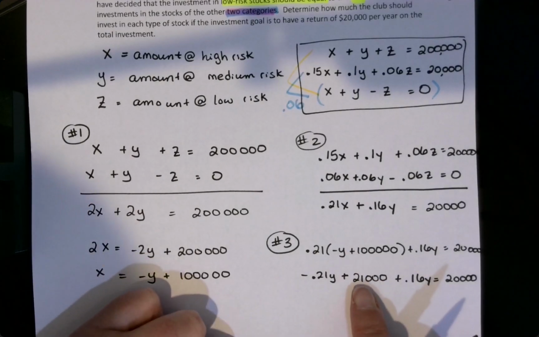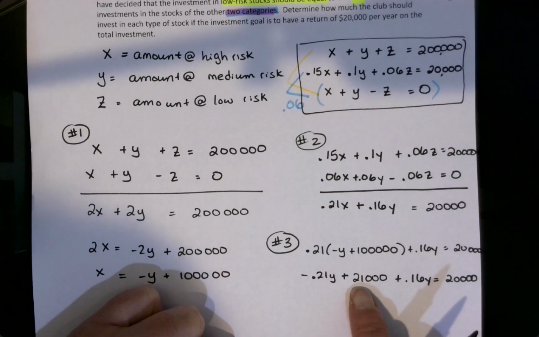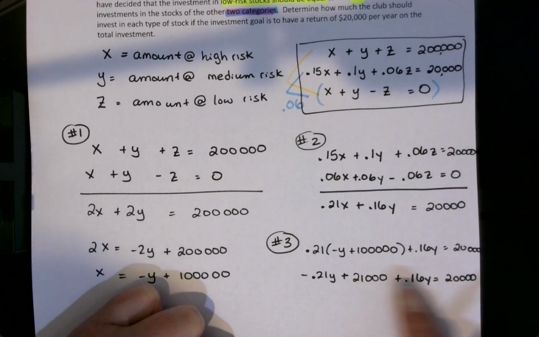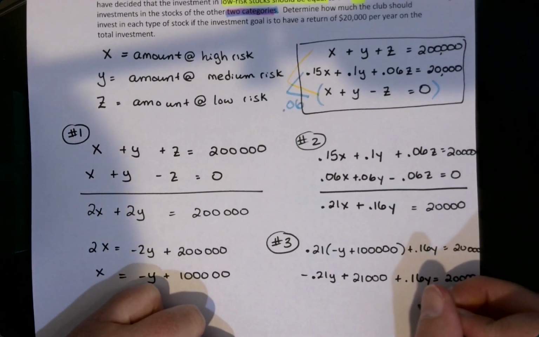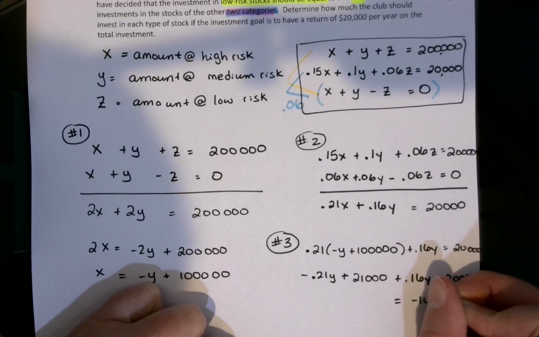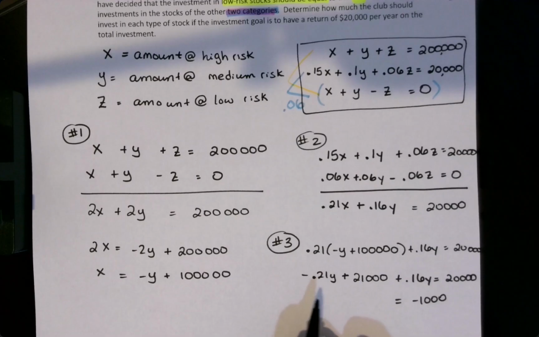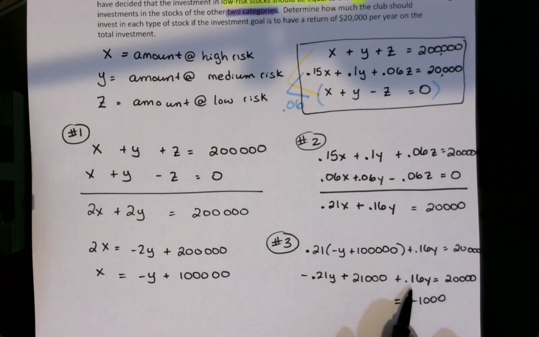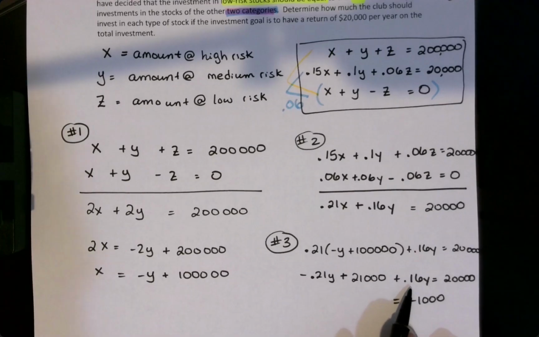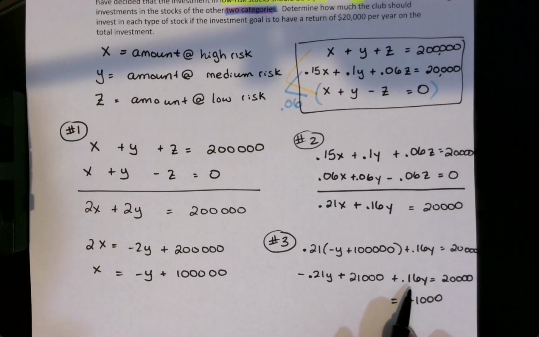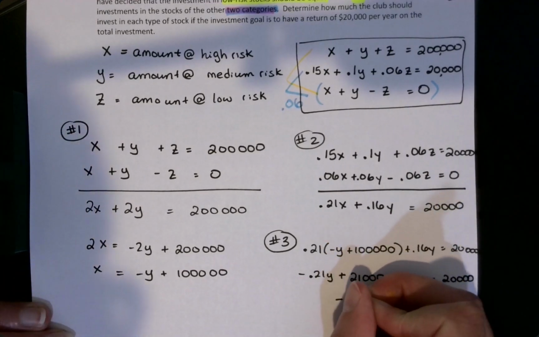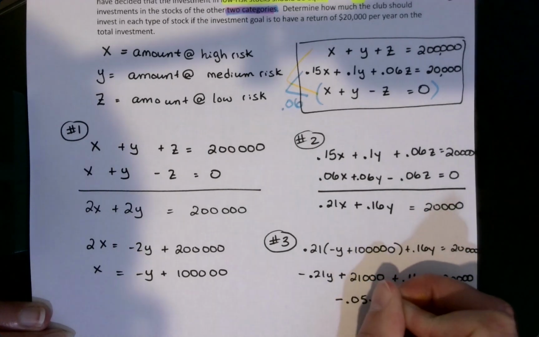I'm going to subtract the 21,000 from the 20,000. So that should give me a negative 1,000 on the right-hand side. And over here, negative 0.21y plus 0.16y is going to give us a negative 0.05y.